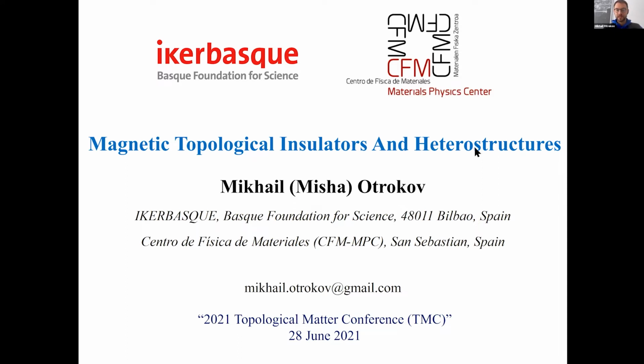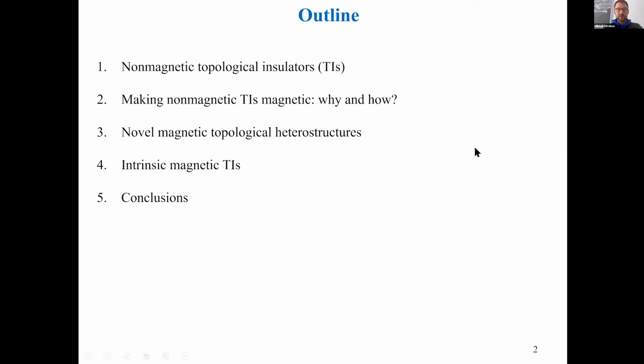So let's start. Here is the outline of my talk. I will first start with a brief introduction on non-magnetic topological insulators. And after that, I will cover in many details the aspect of making non-magnetic topological insulators magnetic. Namely, I will answer the question why we would like to do this, and most importantly, how people have been doing this during the last 10 years or so.